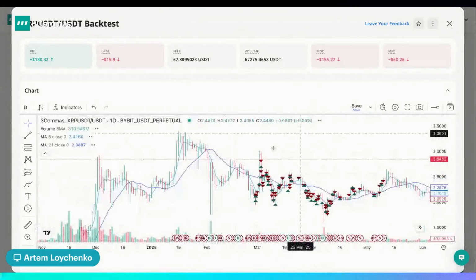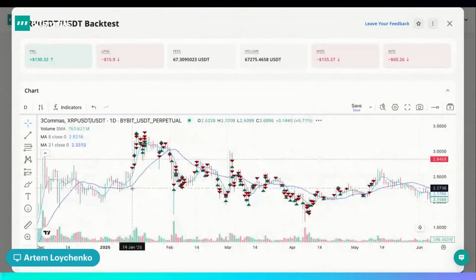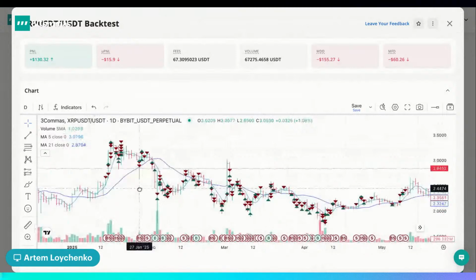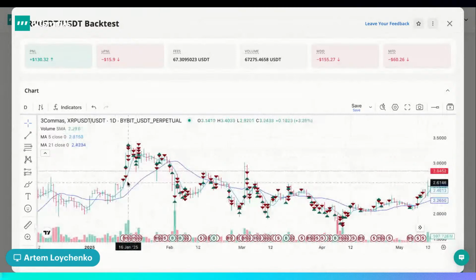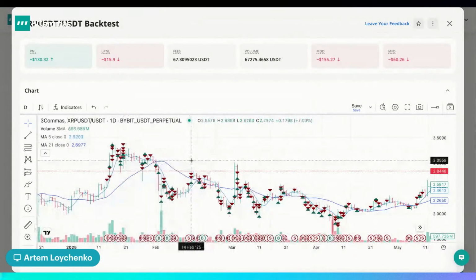Okay. So this is 14th of January and 15th of January, and it's pretty obvious that no one in their right mind would short here. But we did, just for the purpose of the backtesting, and we hit a few stop losses here and here, so it's basically two stop losses.